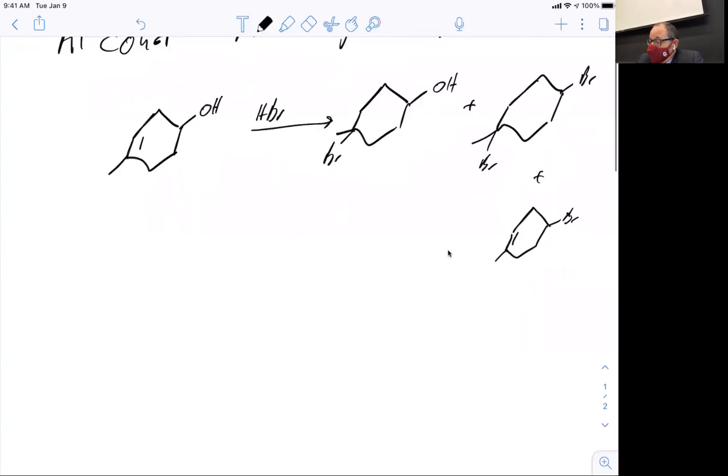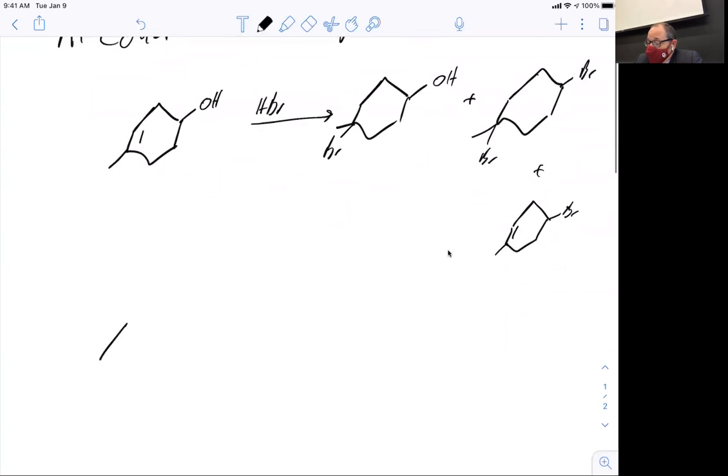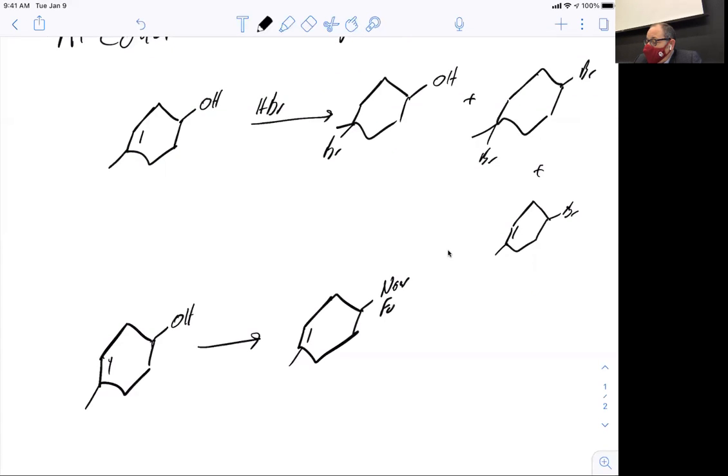So the idea here is that we're going to take some substrate, like this substrate here. I'm going to protect that, and for now we'll just put new functional group. So I'm going to change the functional group of that alcohol.